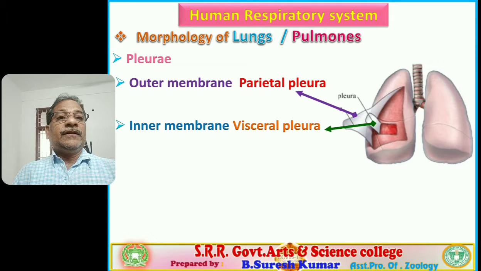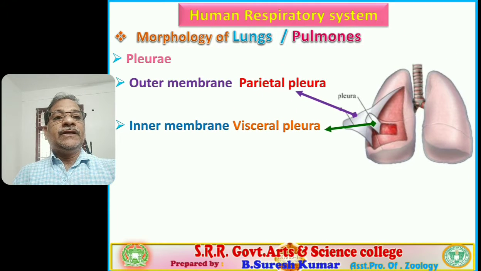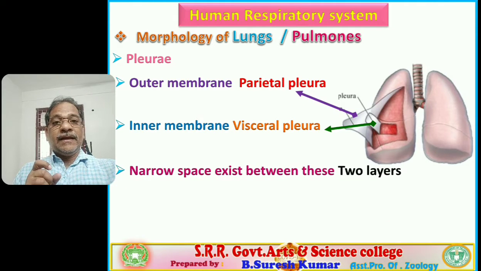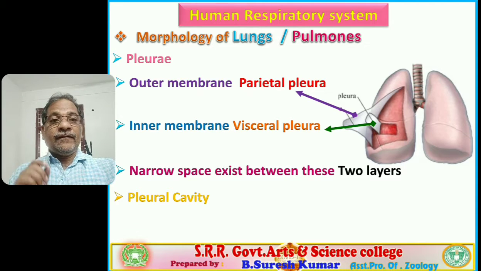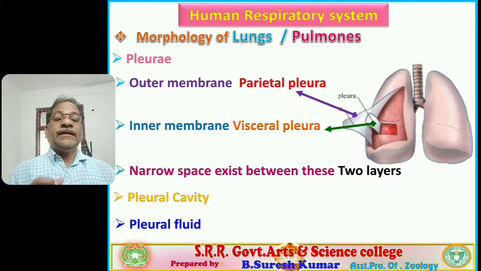In between these two layers, we find a narrow space, a gap. The space is called the pleural cavity. Followed? That pleural cavity is filled with a fluid, that is pleural fluid. Very very important.